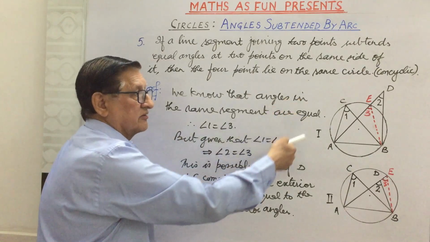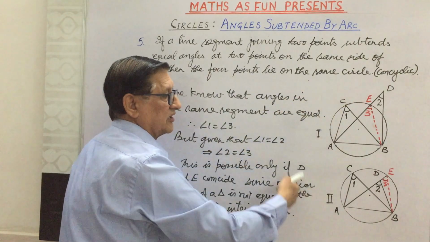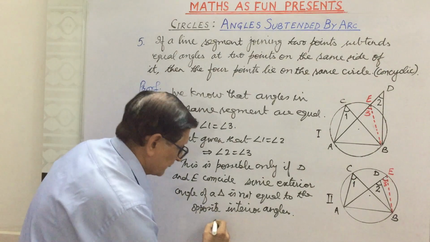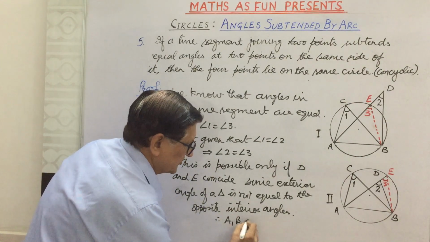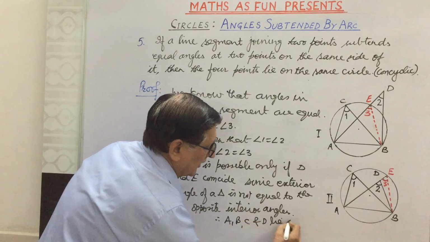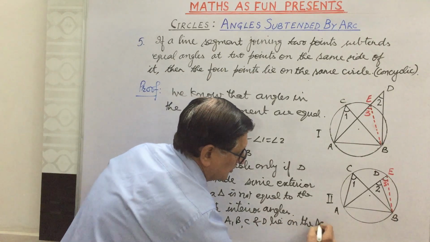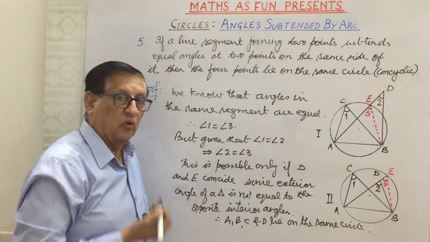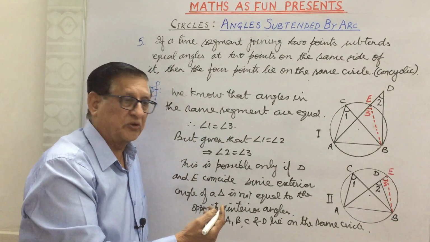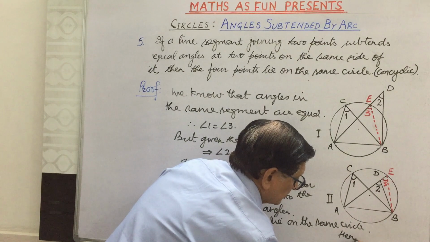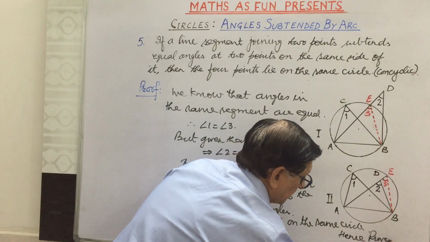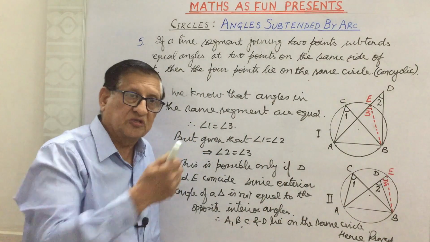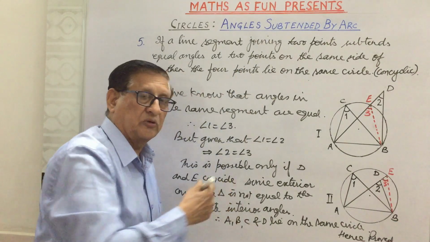And if they coincide, then all these 4 points lie on the same circle. Therefore, A, B, C and D lie on the same circle, or we say they are concyclic points, hence proved. So this is the way we can prove this particular theorem also.